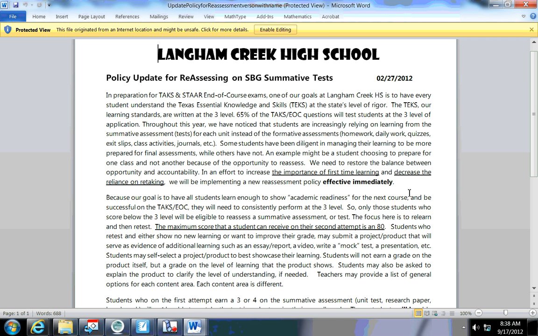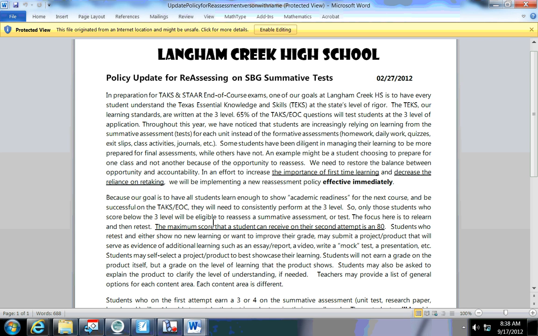Because our goal is to have all students learn enough to show academic readiness for a course to be successful for the EOC, students will need to consistently perform at a 3 level. So only those students who score below a 3 will be eligible to reassess. The focus here is to relearn and then retest. The maximum score a student can receive on a second attempt is an 80.